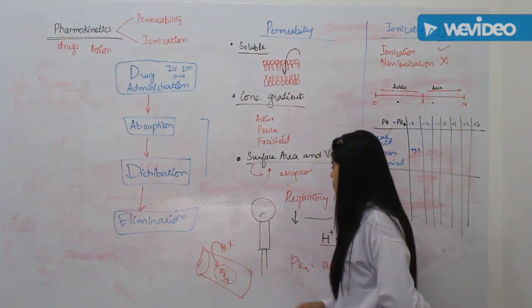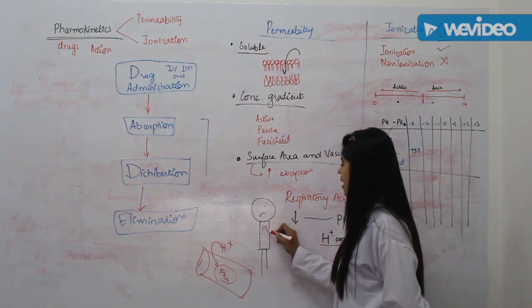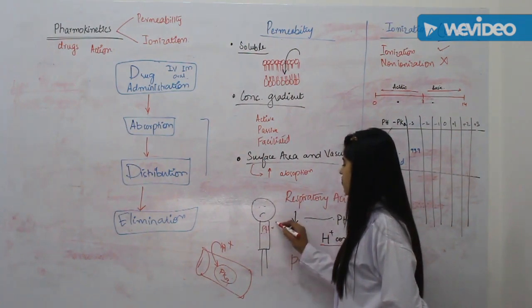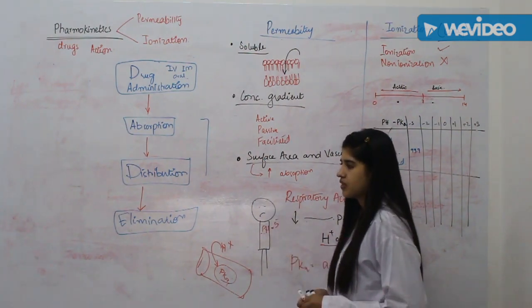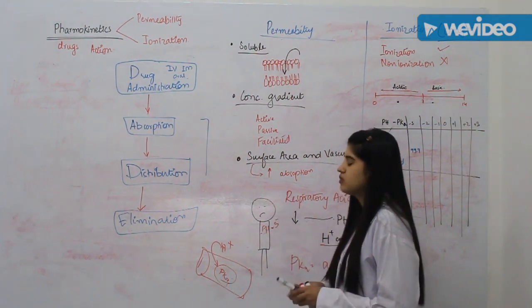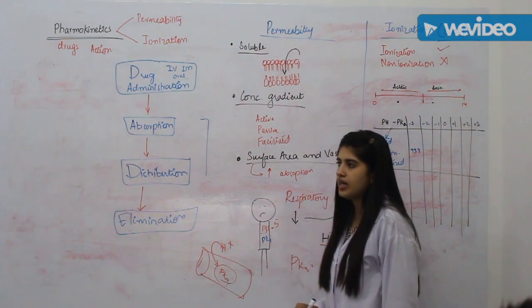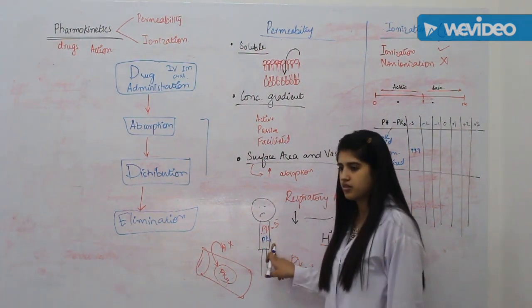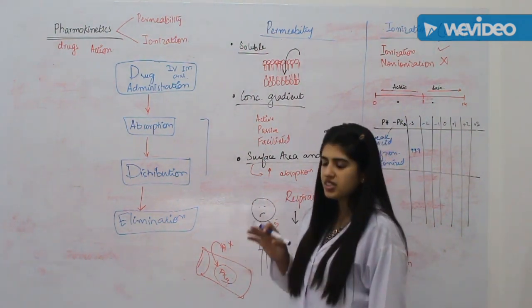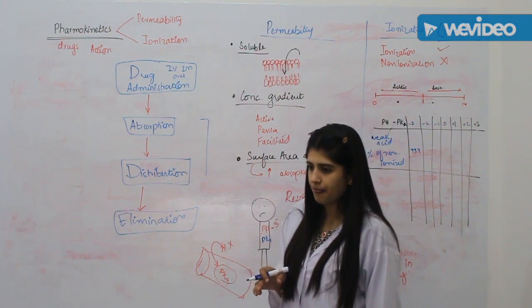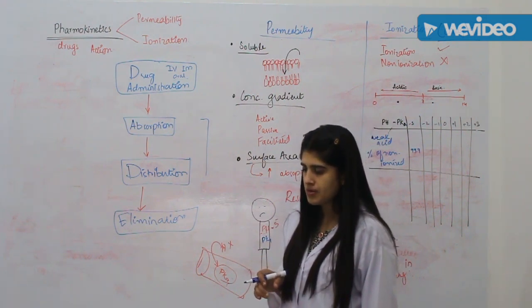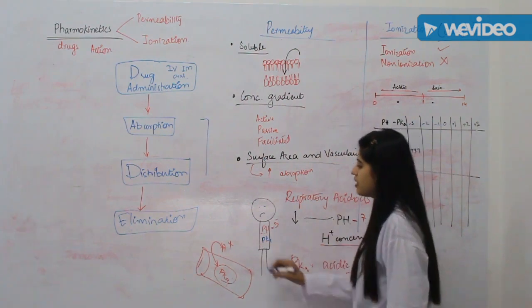So what would be the pH of this particular man? It depends upon its condition. Probably it's 5. And what do you think? What would be its pKa? What about the normal pKa? It varies. It cannot be the same forever. It could be, for example, 3.